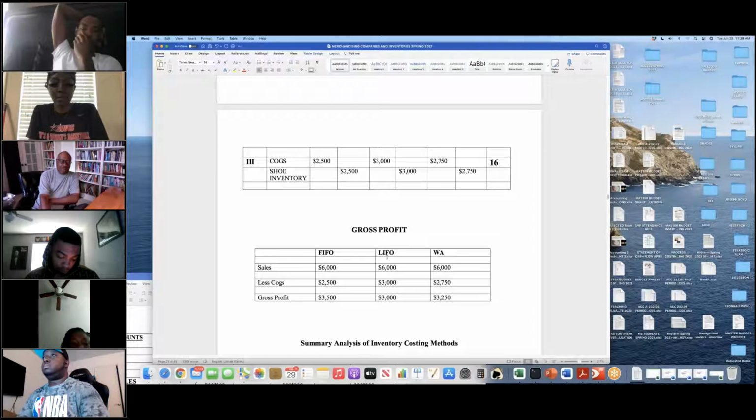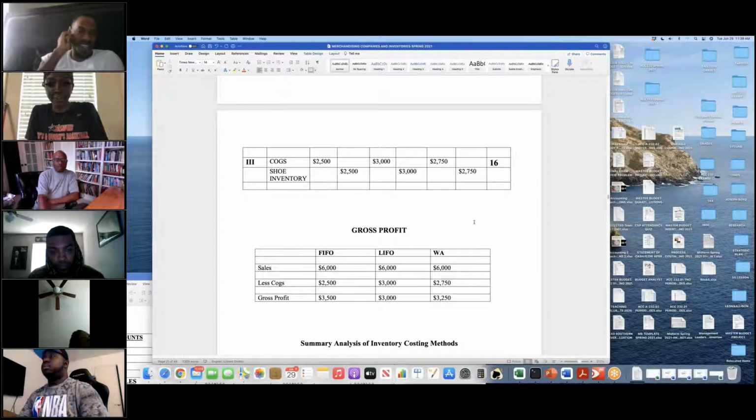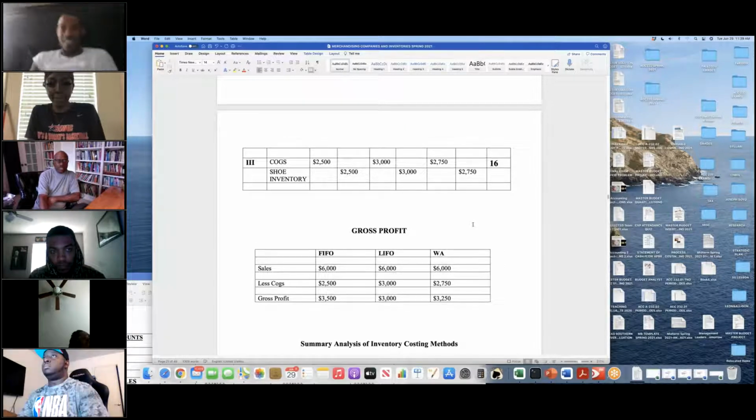Because in rising prices, the gross profit under LIFO is going to be less than the gross profit on the FIFO, resulting in less taxes. And most times prices are rising. So you can choose FIFO or LIFO, but the results are going to be different for the cost of goods sold only.